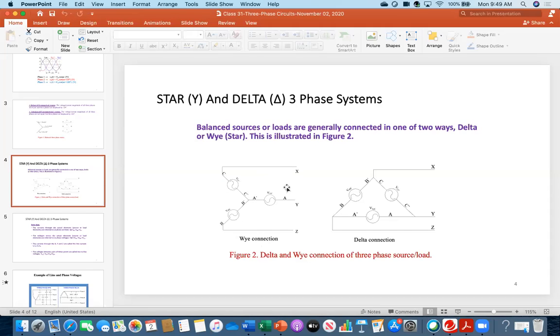But you are measuring voltage between these 2 points, between A and A prime, and say you got 120 volt, just an example. But next time, if you connect a voltmeter between X and Y, will the voltage still be the same? Everybody, do you understand my question?